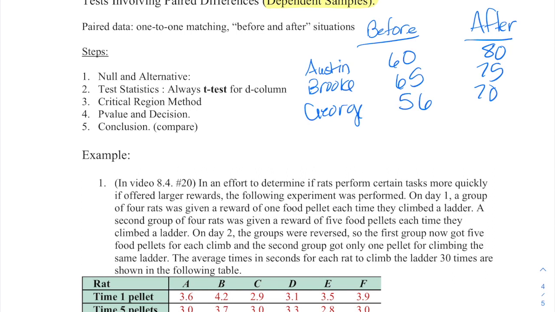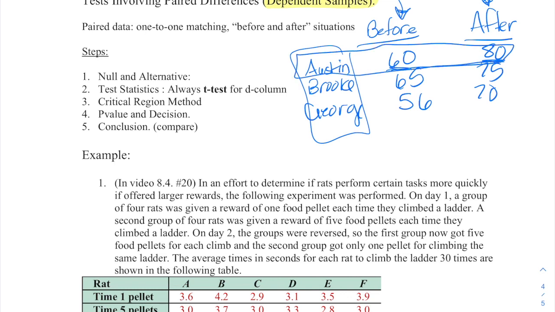Ignoring this column here, we have two samples, right? We have heart rate before exercise, heart rate after exercise. But because the first observations of each sample here are tied together by this is both Austin, it makes it what's called dependent samples. The first observation of each sample are related because they're both coming from Austin.